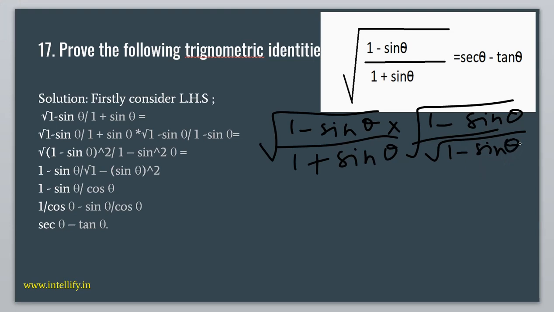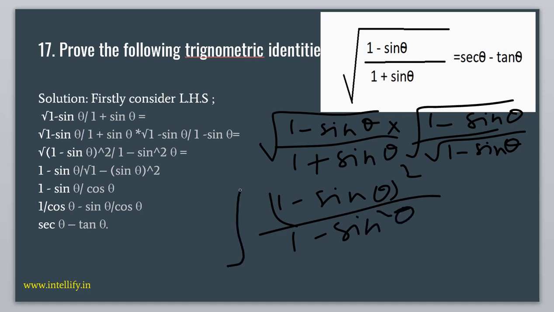So 1 minus sin theta into 1 minus sin theta will give us 1 minus sin theta whole square by 1 minus sin square theta, whole under root.